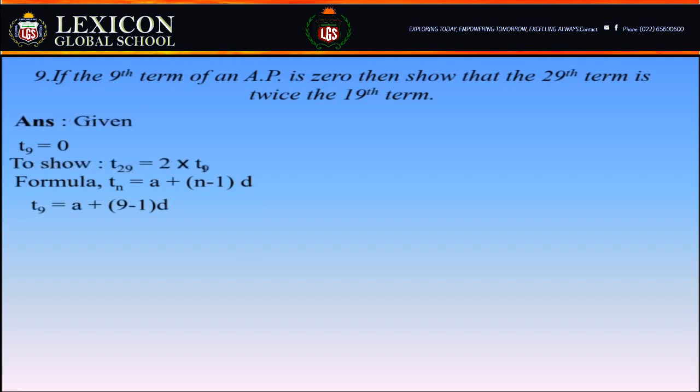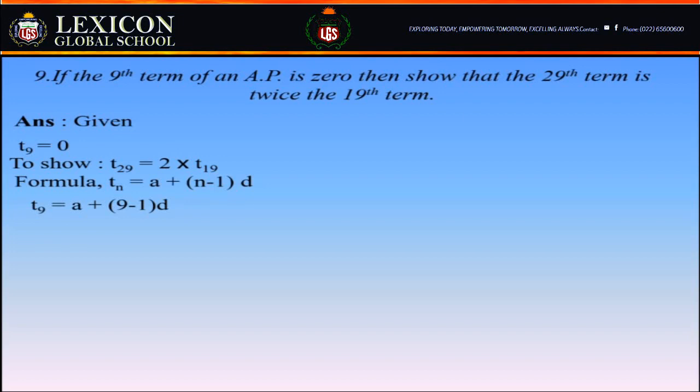T9, that is the ninth term of an AP, is equal to 0. What I have to show? I have to show that T29 is equal to twice, that means 2 into the 19th term, that means T19.